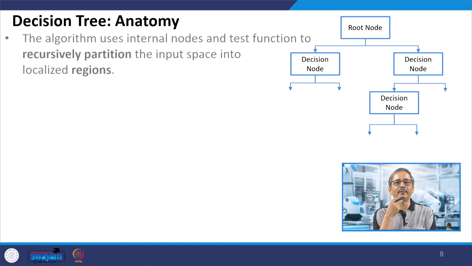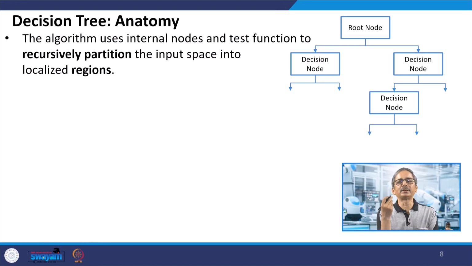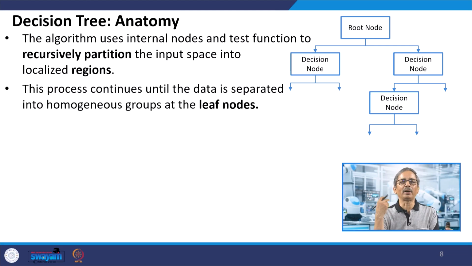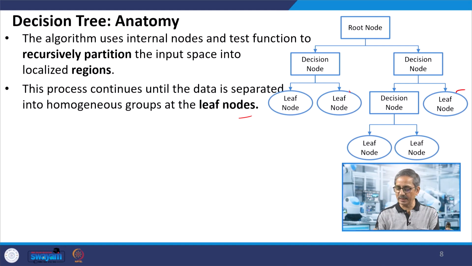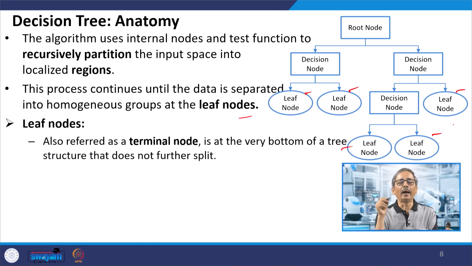The decision tree algorithm uses internal nodes and test functions to recursively partition the input space into localized regions. The process continues until data is separated into homogeneous groups, which we call leaf nodes. A leaf node is also referred to as a terminal node, where we terminate the process.